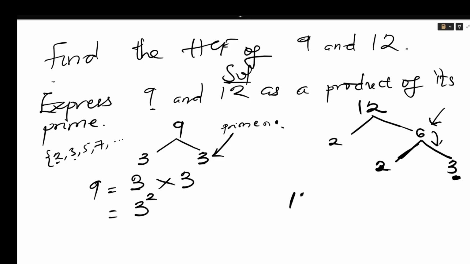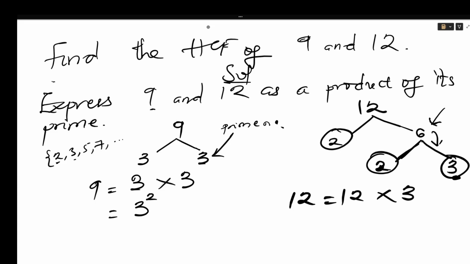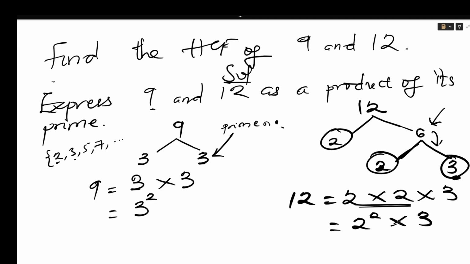So now 12 can be written as 2 times 2 times 3, and that is 2 raised to the power 2 times 3.